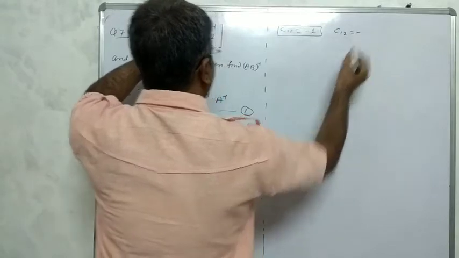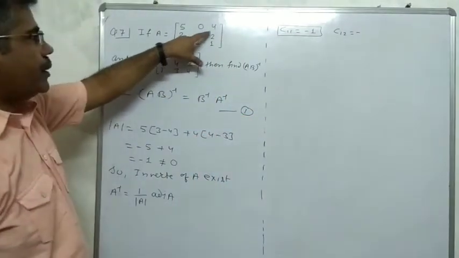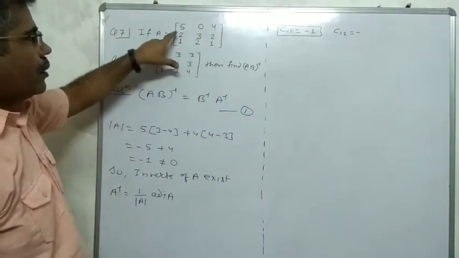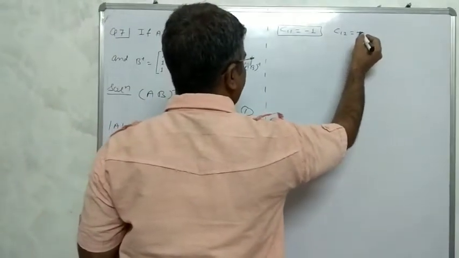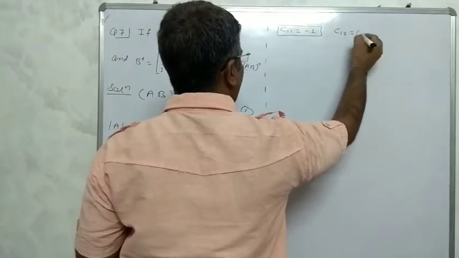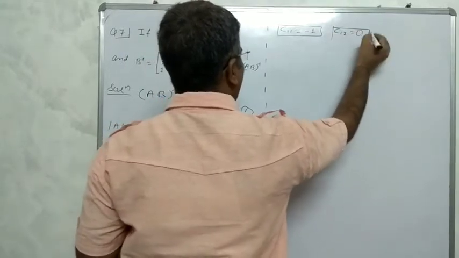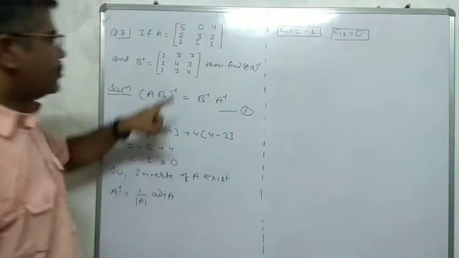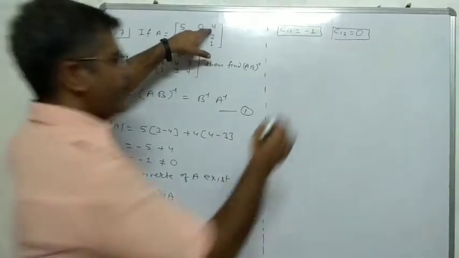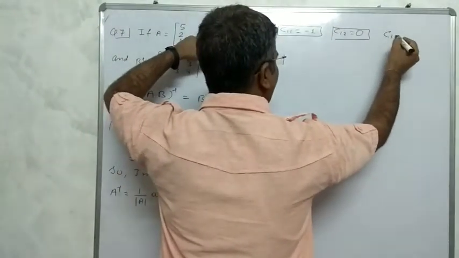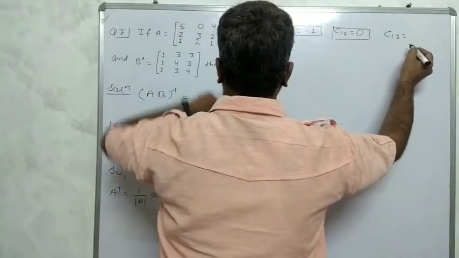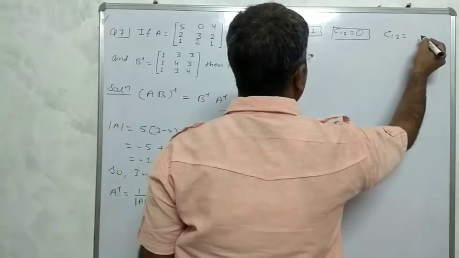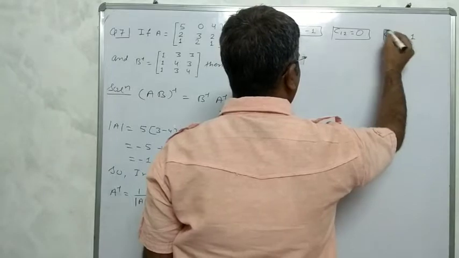C12 is negative. Delete this column and this row: 2 minus 2, 0. Then we find C13. Delete this column and this row: 4 minus 3, 1.